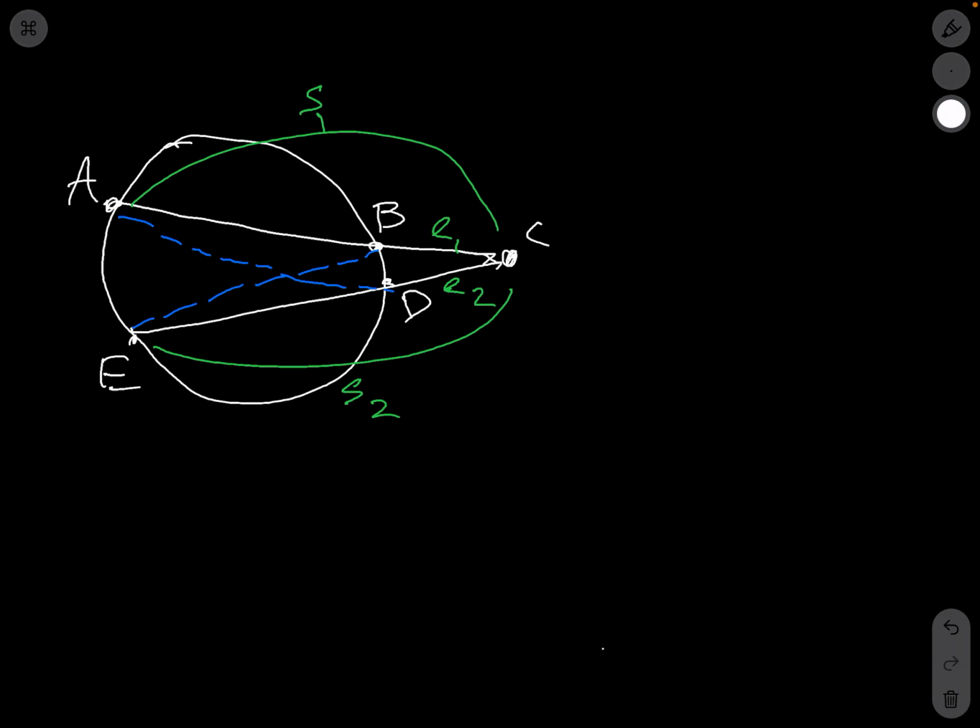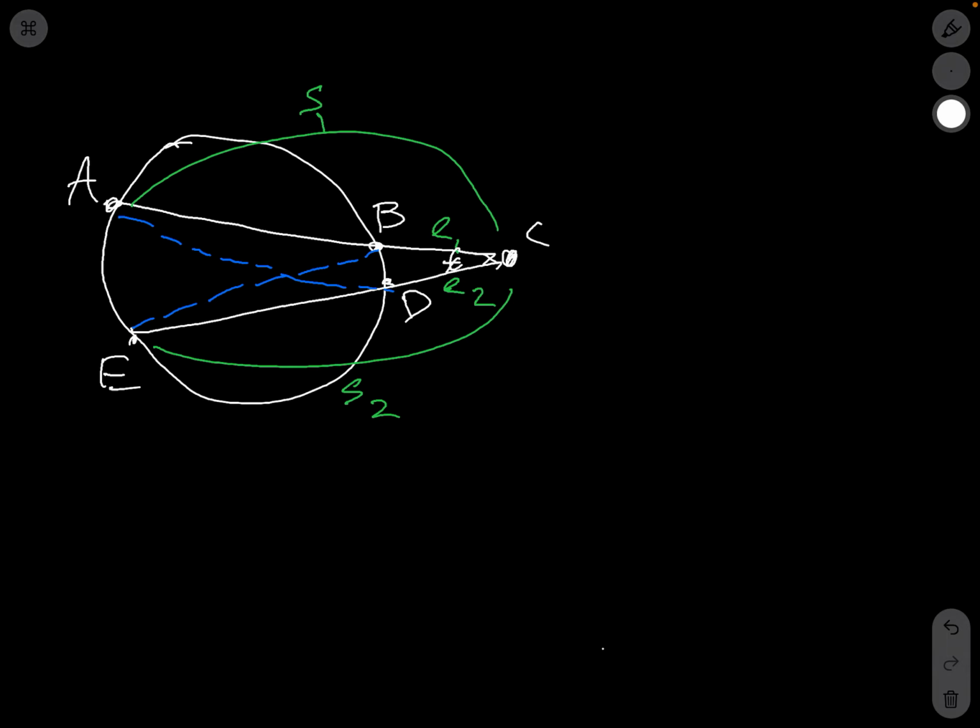So we can say that this angle is congruent to this angle. I'll get to that later. Okay, so angle C is reflexive. That's the first thing I noticed, so I'm gonna go over that first.